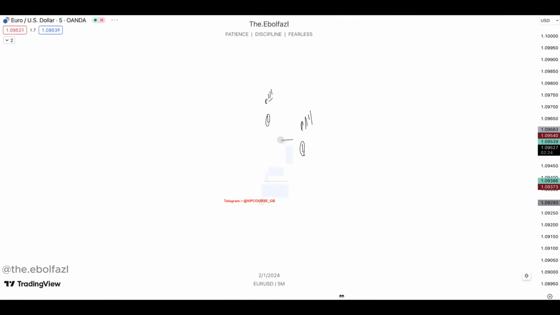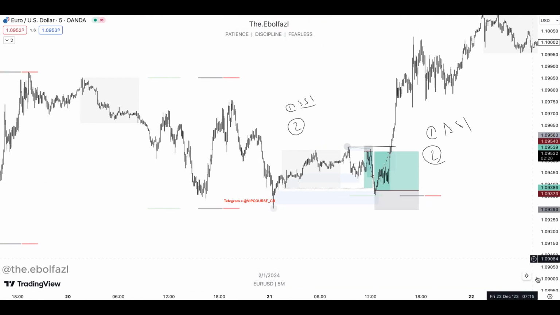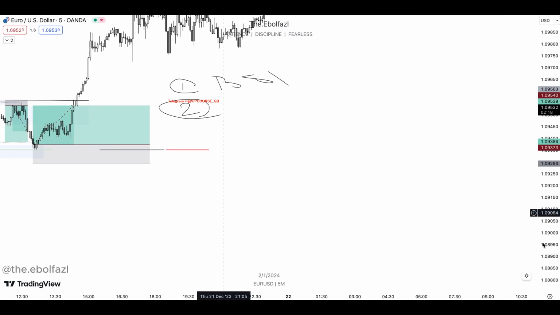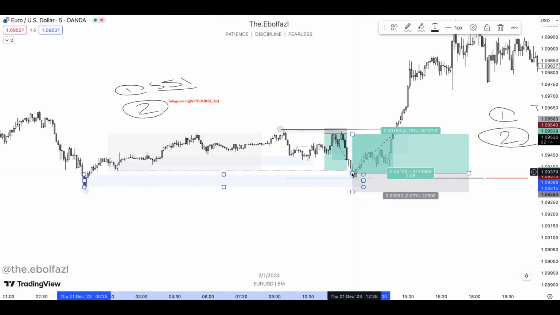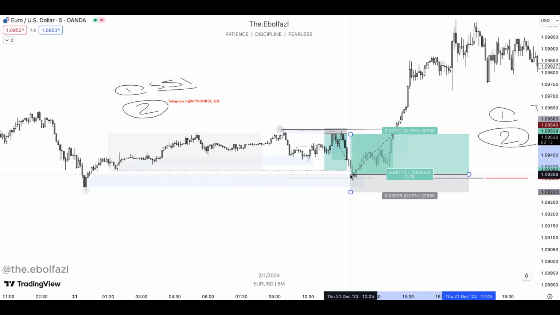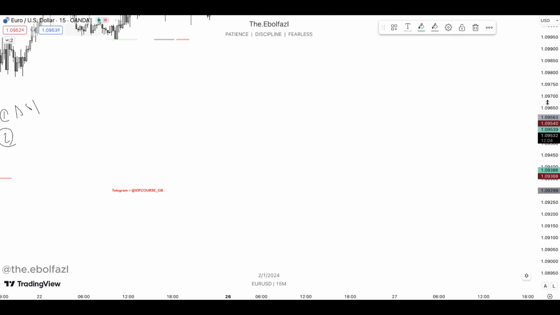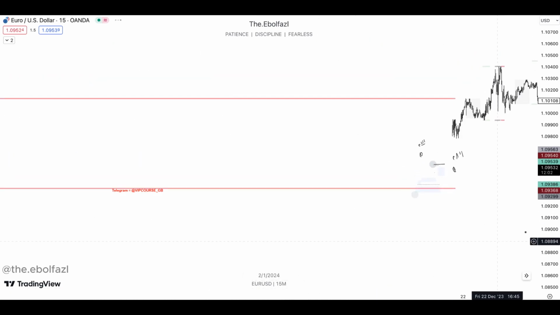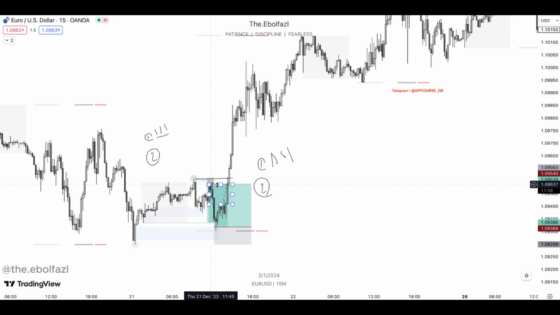Okay, let's say we're going to go for this order block here, for example. I can't go to the low time frame, but let's say, for example, we catch a trade here, get back to our main time frame, 15 minutes. Our target is going to be this equal high, right?